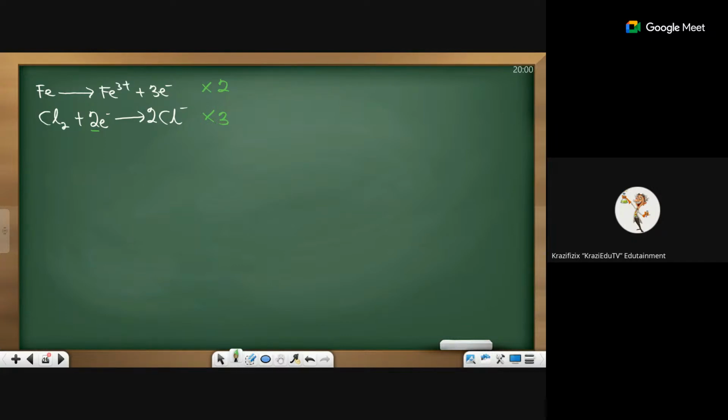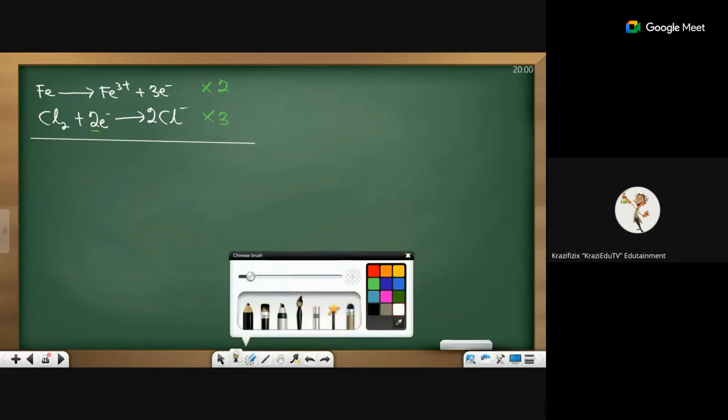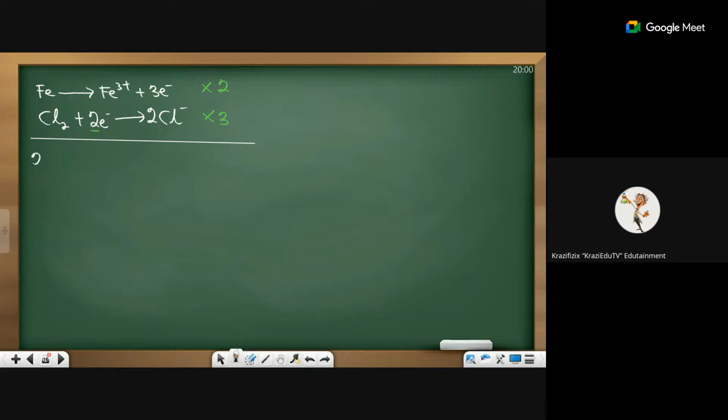If we do that, what are we going to have? Multiply everything by 2. Fe times 2 gives us 2Fe3+. Now, 3 times 2 would give us 6 electrons. That's the first one. Can I multiply the second one now?